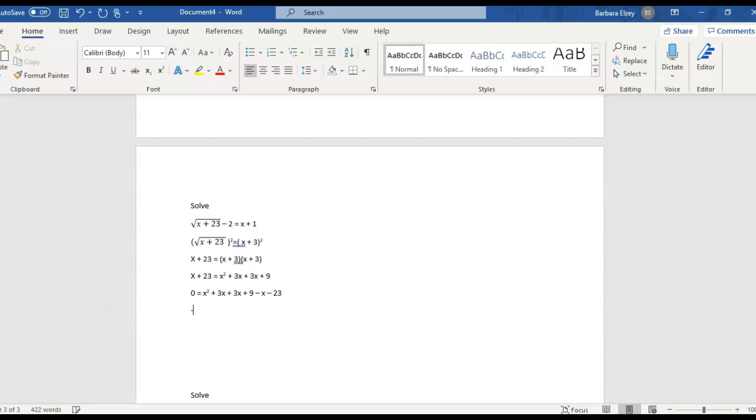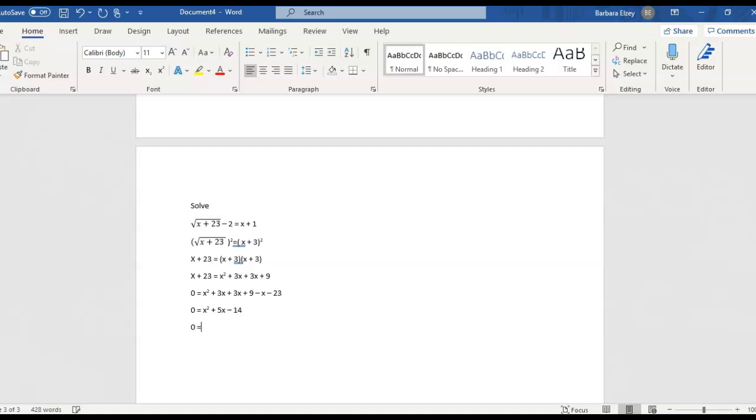So let's see what we've got left when we add like terms. We've got a 3x and a negative x. That's a 5x. And I have a 9 and negative 23, which should be negative 14.